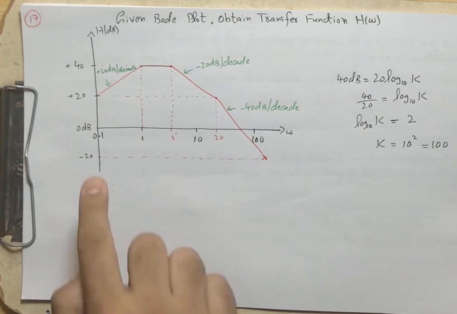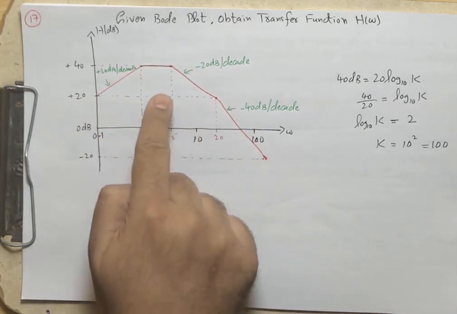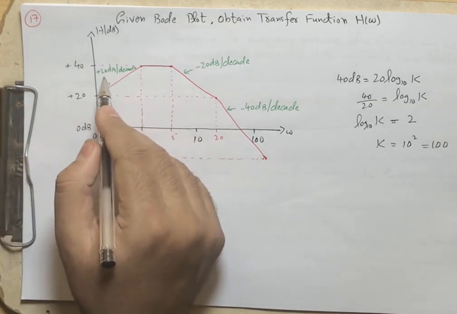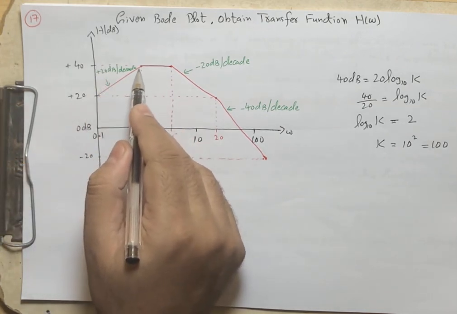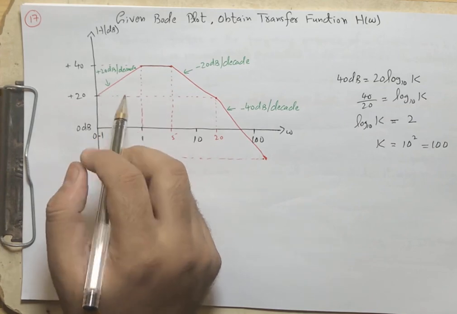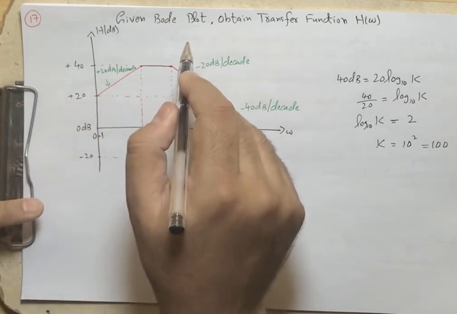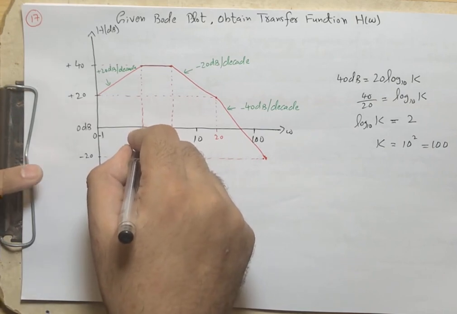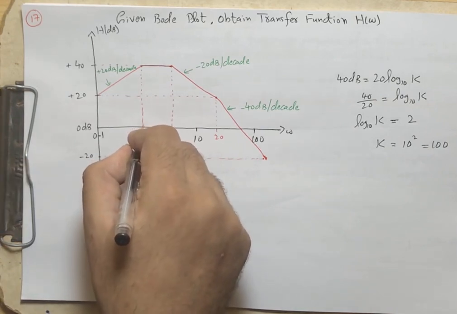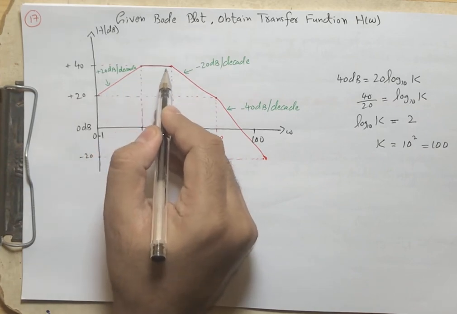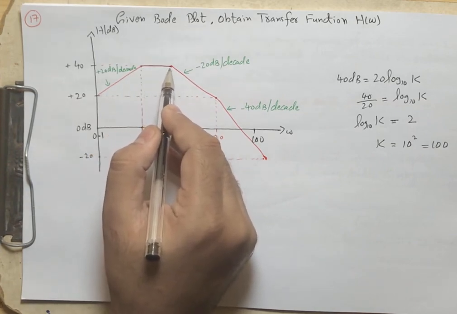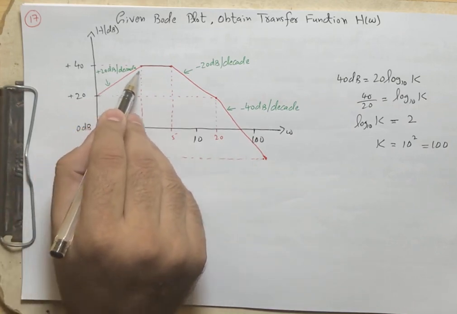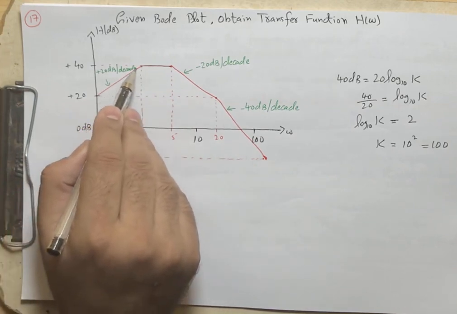And now you have to see these slopes as well. The first slope you are getting is positive 20 dB per decade, and it will keep on increasing. So at 1 you will have a pole with a minus 20 dB decay. So basically you will have a zero at origin over here.